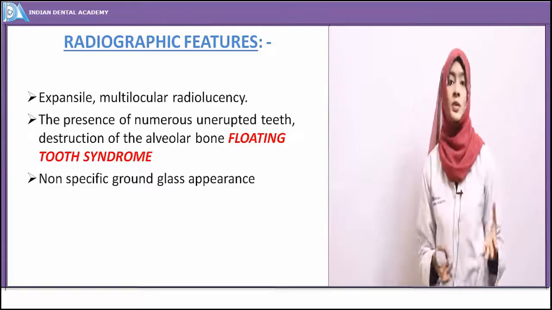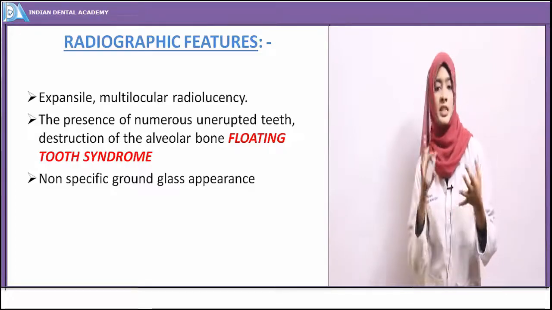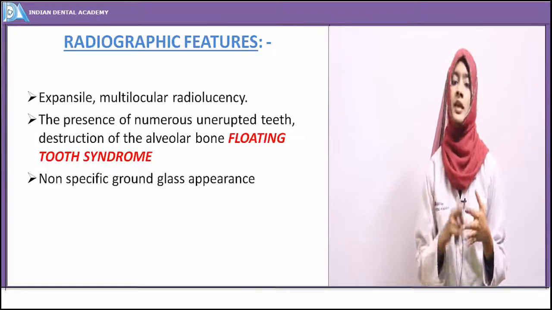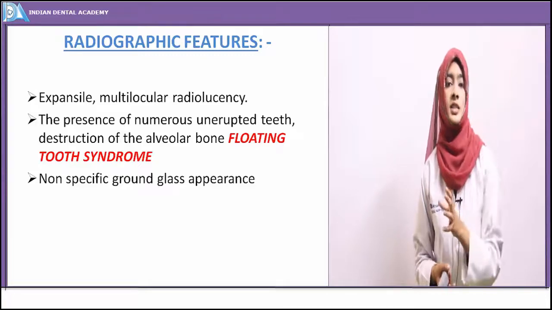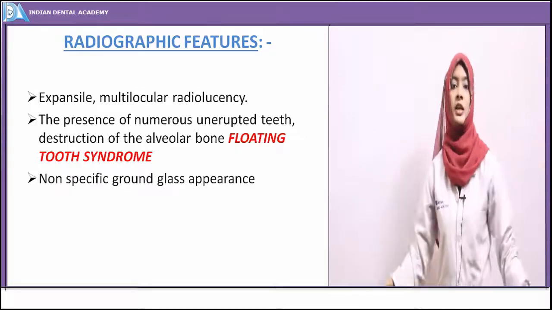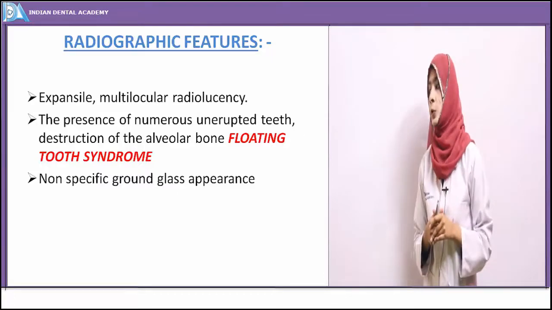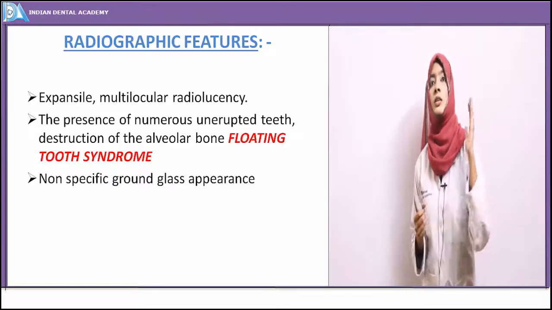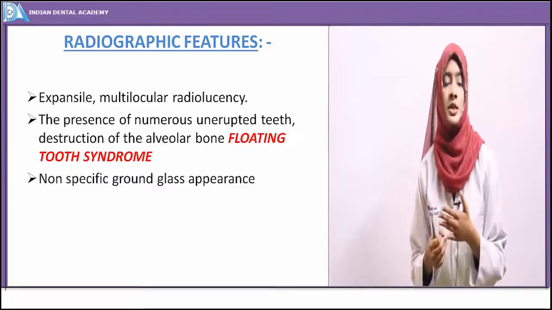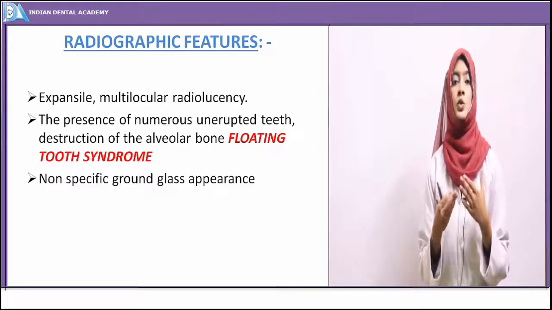Because numerous unerupted teeth are present, deciduous teeth are unerupted, deciduous teeth are not exfoliated, permanent teeth are unerupted, all these are present in a radiolucent bone. So it gives an appearance that the teeth are floating in the bone. Floating tooth syndrome. Cherubism has also been associated with another syndrome called Noonan's syndrome.